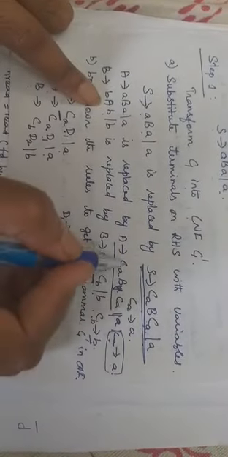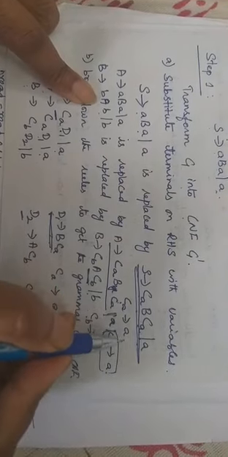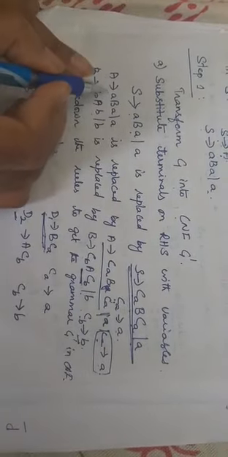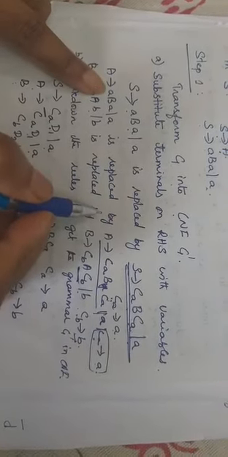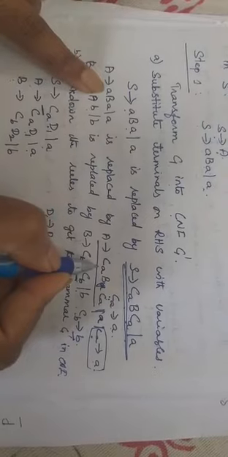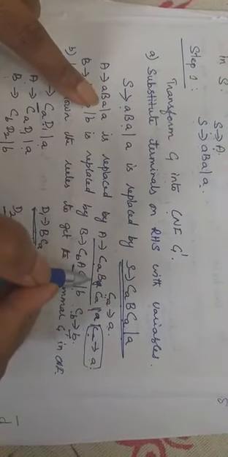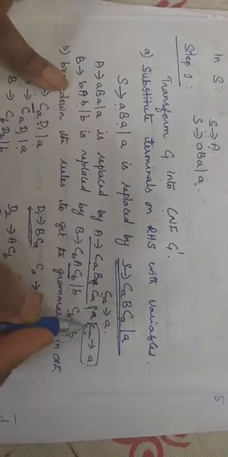So what is Ca? For the terminal a we have applied Ca. So A is ABA, where a is replaced by Ca and B is written as it is. So A is Ca B A.